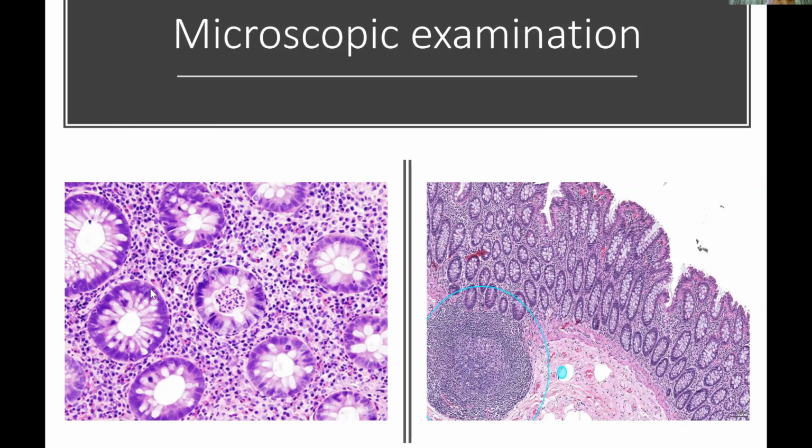The blue stains the nucleus, and the pink stains the cytoplasm. And we can see clearly in the stroma there are many inflammatory cells. Here there are plasma cells, this one is a plasma cell, and lymphocytes. In the crypts here, we can see neutrophil aggregates. This one we call a crypt abscess, right?